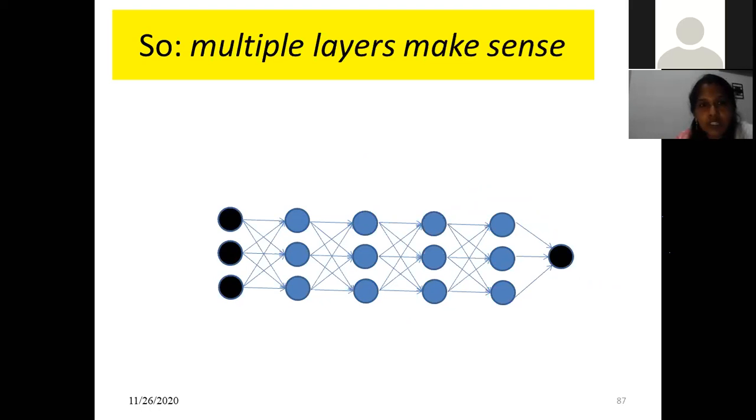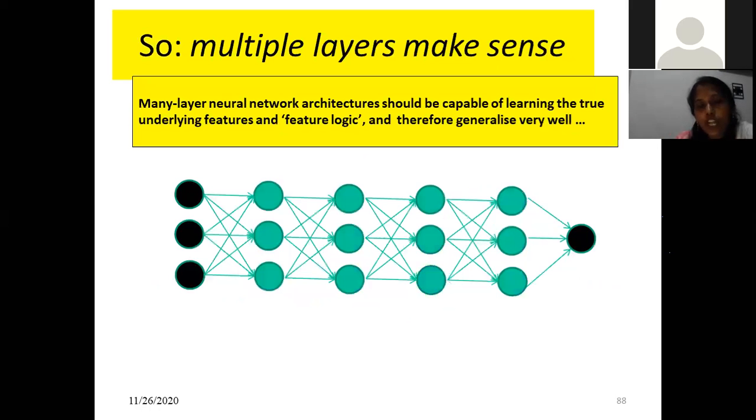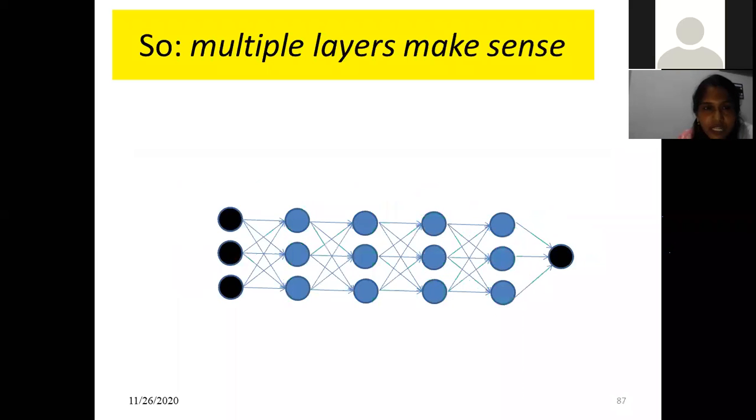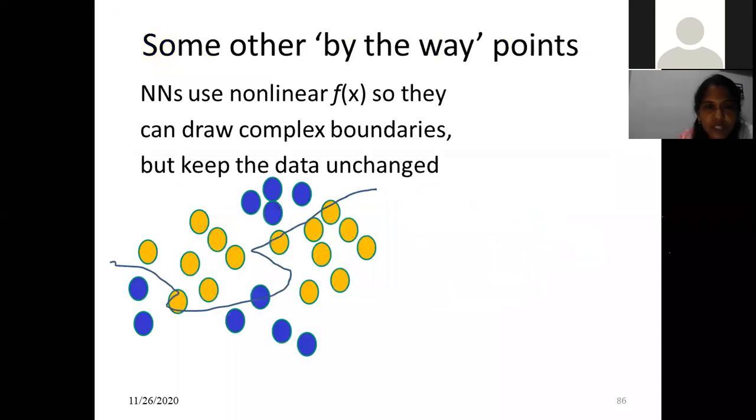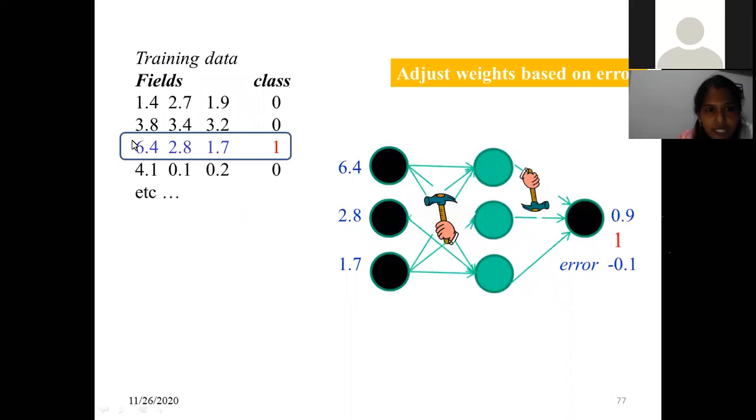So how is this going to happen? We are going to combine many layers of neural network architectures, and we are going to apply learning rules for updating the weights and learning the features. How does it learn the features? This is an example. For this specific set of features, what is the class?